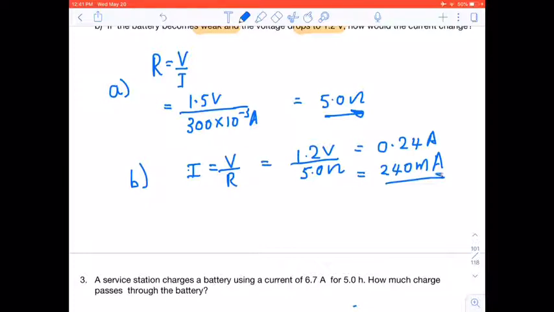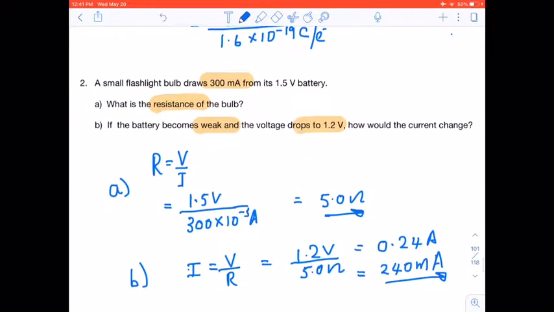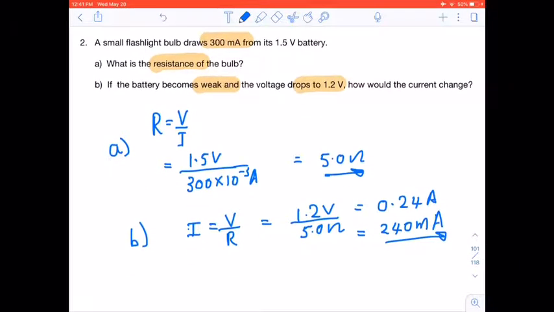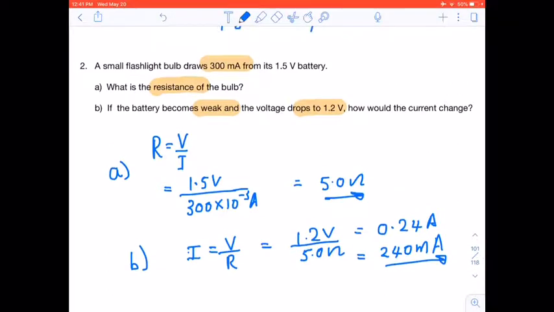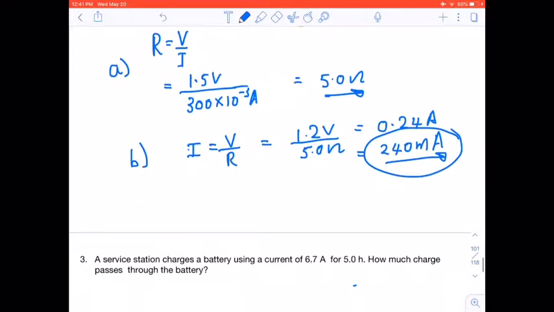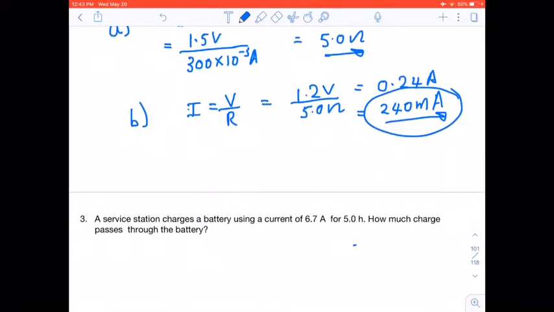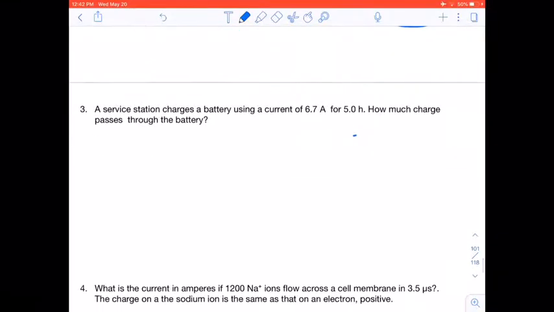Okay, so the current then reduces from 300 milliamps to 240 milliamps as the reactions in the battery slow down.